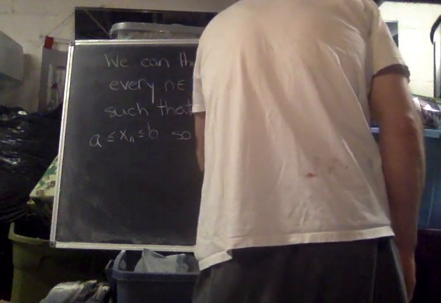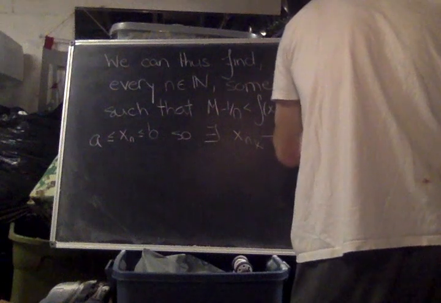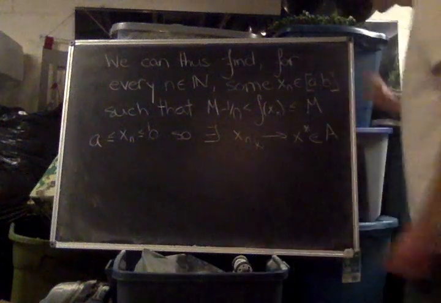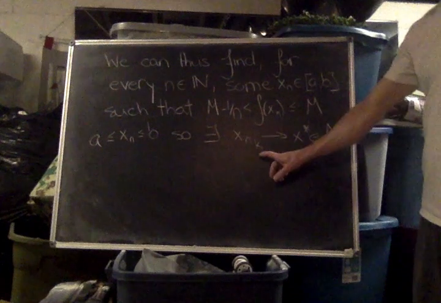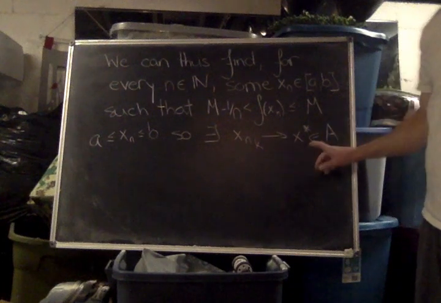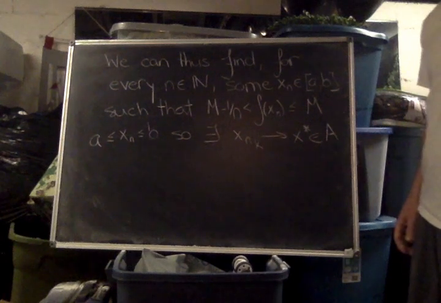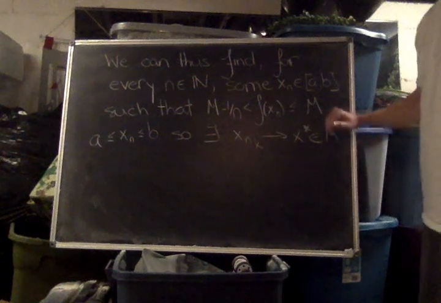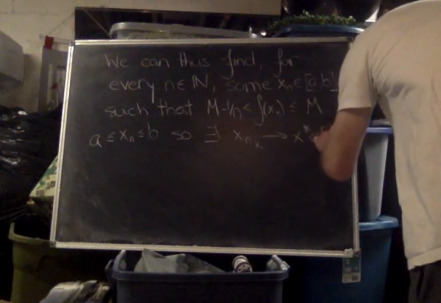So there exists some x sub n_k converging to a point, I'll call it x upper star. And again, because our domain is a closed and bounded interval, the limit of this subsequence, x upper star, has to be less than or equal to b and greater than or equal to a. In other words, it belongs to this interval, a comma b.